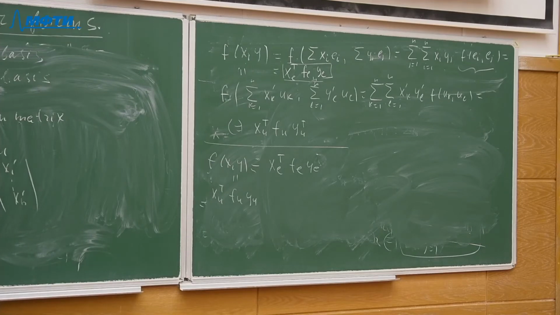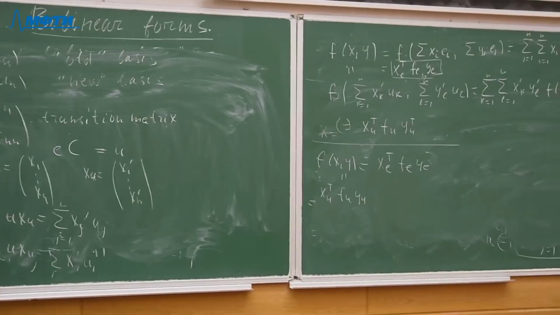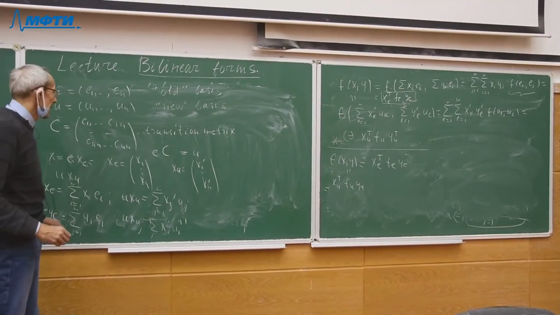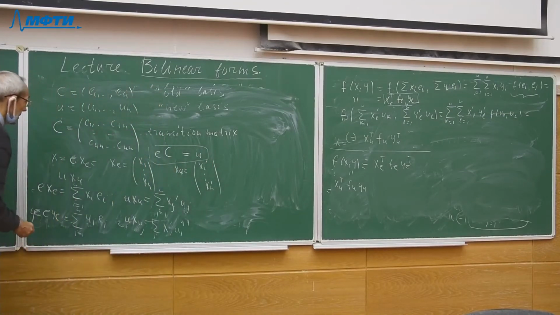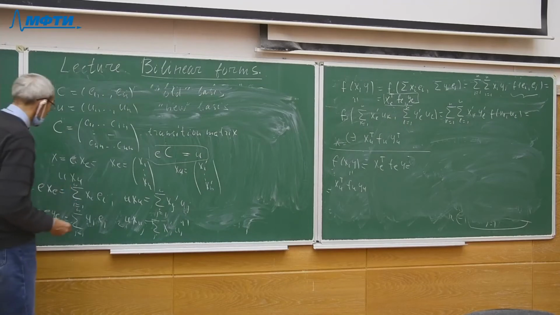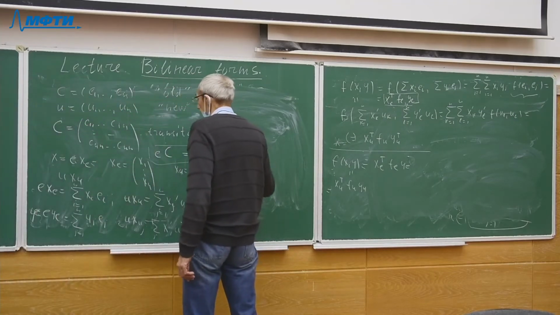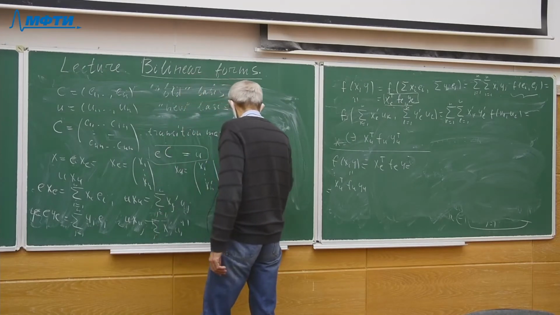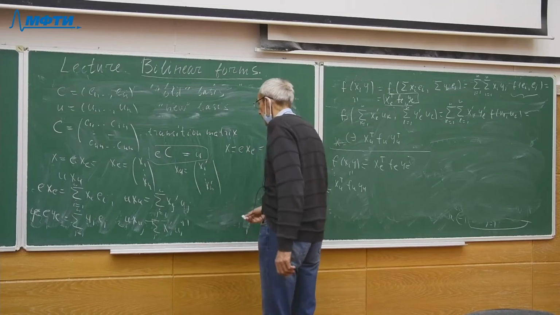And we have the following relation between x and x_e. If we substitute this expression into this formula, we obtain that the vector x is equal to x_e and equal to u x_u.